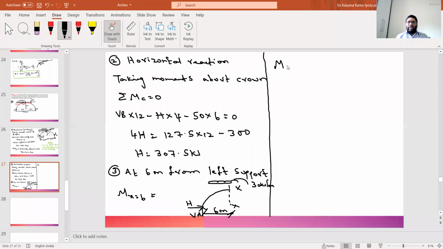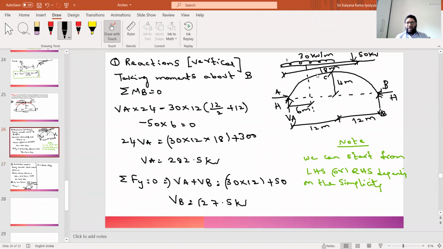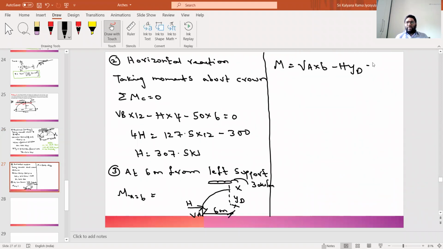So M is equal to VA into 6 minus H into YD. See, this distance is YD. Why YD? Because we have considered the section at point D. This is point D. Minus 30 into 6 into 6 by 2.